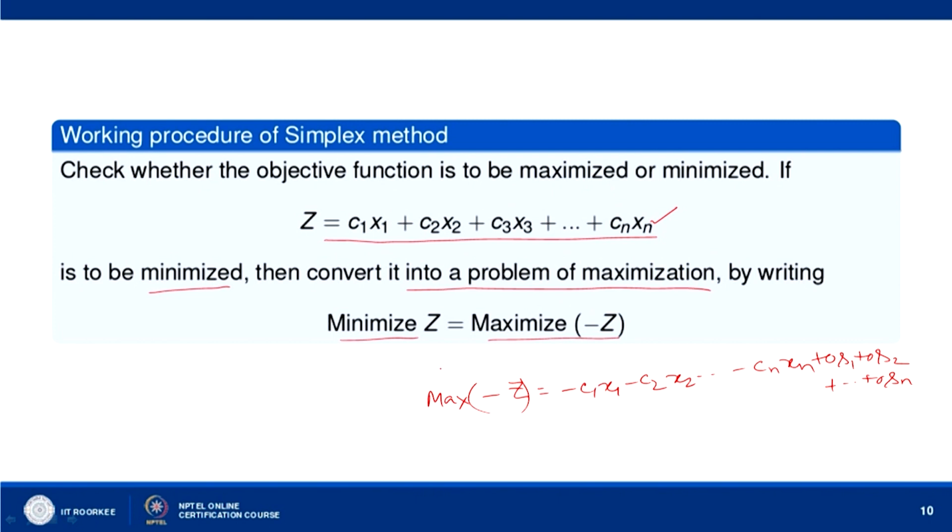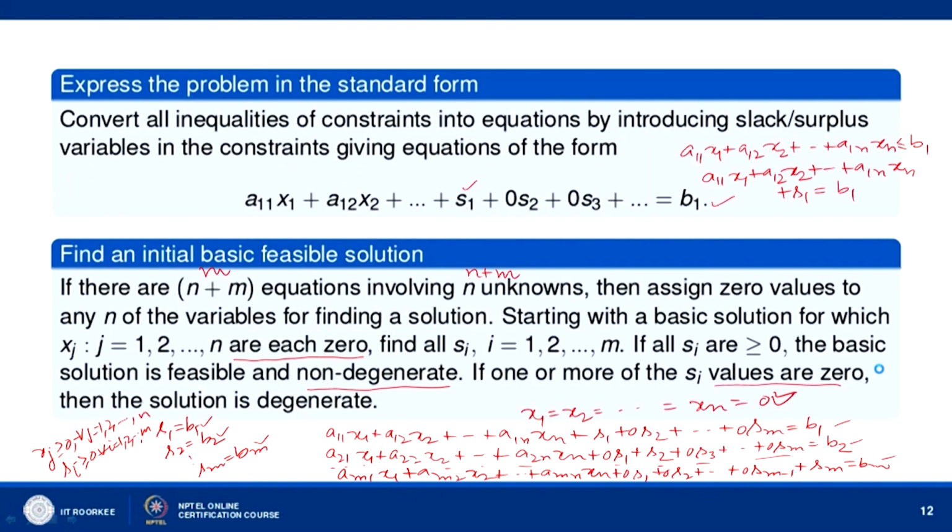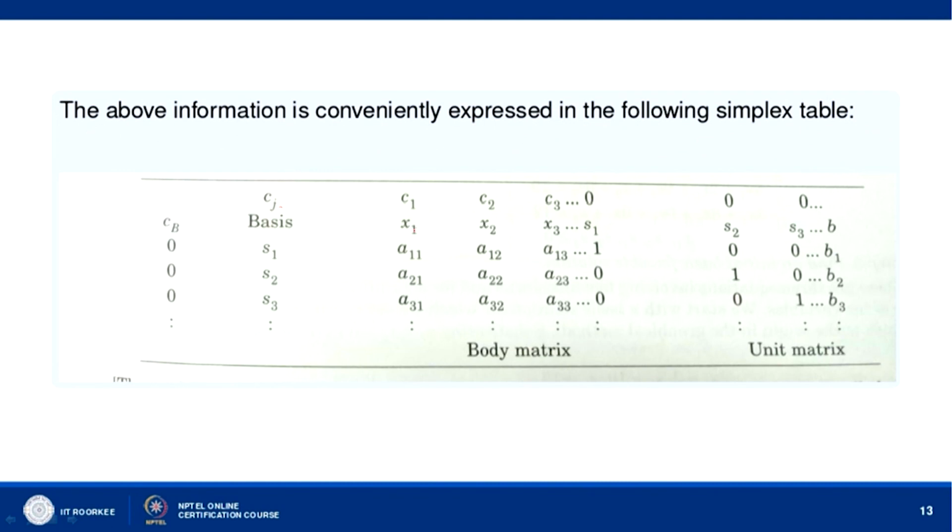If the problem given is of maximization, then the coefficients of x1, x2, ..., xn will be C1, C2, ..., Cn and the coefficients of S1, S2, ..., Sm will be zeros in the objective function. Here we are assuming that the problem is of maximization. The variables x1, x2, ..., xn are the non-basic variables, and S1, S2, ..., Sm are the basic variables.